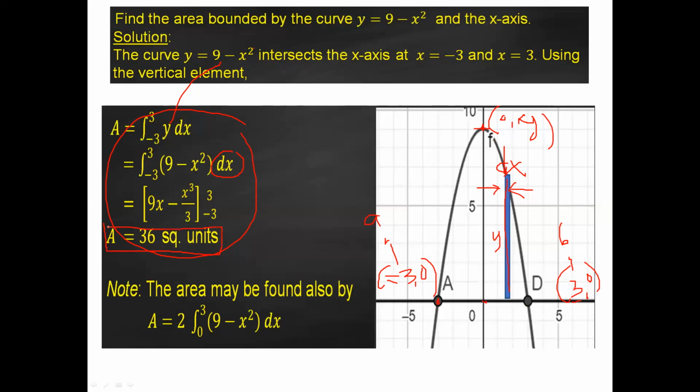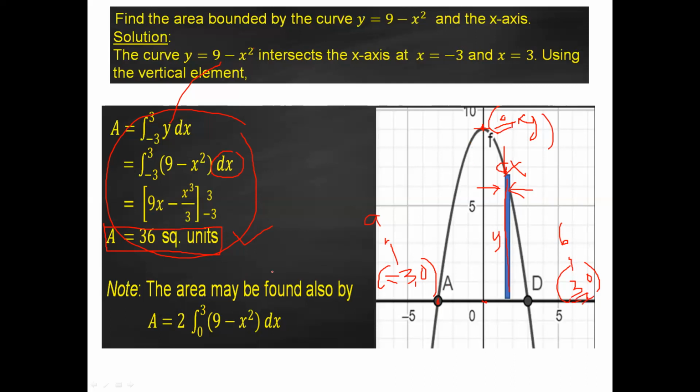Pwedeng i-direct yan sa calculator gamit ang Casio FX570 ES Plus o kaya ng 991 ES Plus o ng ibang brand ng calculator like Canon. Nasubukan na ba ninyong i-caltech ito? Hindi pa. So, okay, ipapakita ko yung calculator technique niya. Now, dito, yung limit na ginamit, yung A niya is 0 at yung B niya is 3.